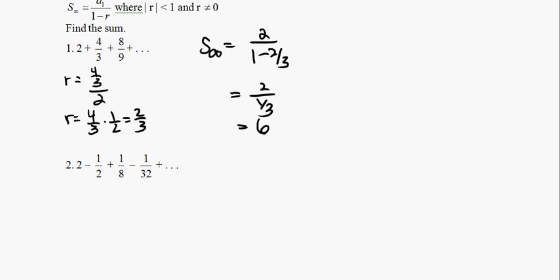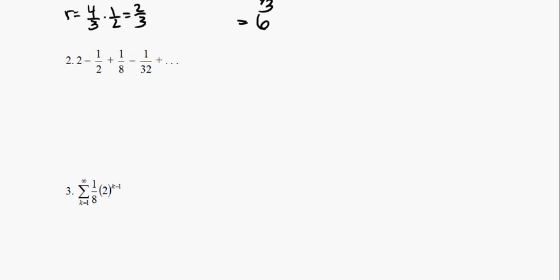The next one, notice that it alternates between positive and negative. Our first term is 2. Looks like our common ratio is 1/4, because a half divided by 2 is equal to a half times, flip and multiply, so that's a half times a half, which is 1/4. So there's our common ratio. But this is negative, so it should be -1/4.